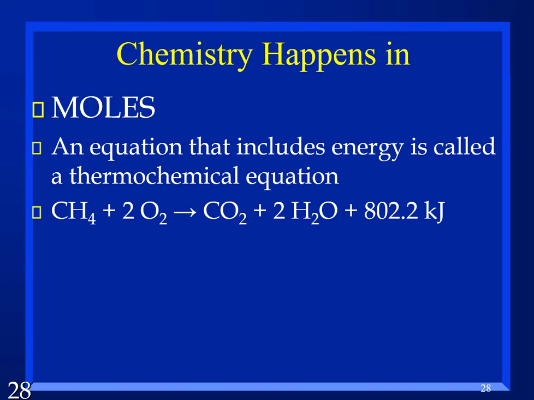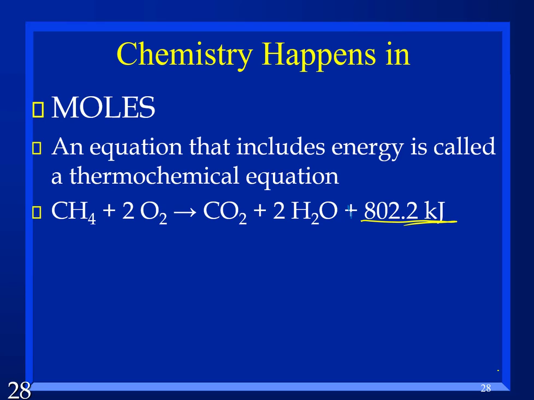So up to this point, we have only dealt with chemical equations, but a thermochemical equation just puts the heat in. Notice I put heat over here, so over here on the product side.